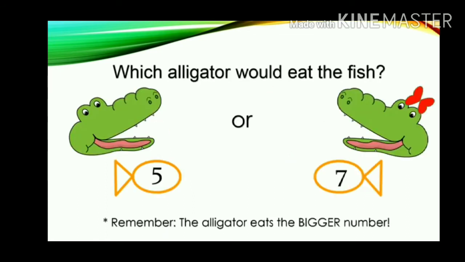Now here, which alligator would eat the fish? 7 or 5? Mr. Less or Mrs. Greater?